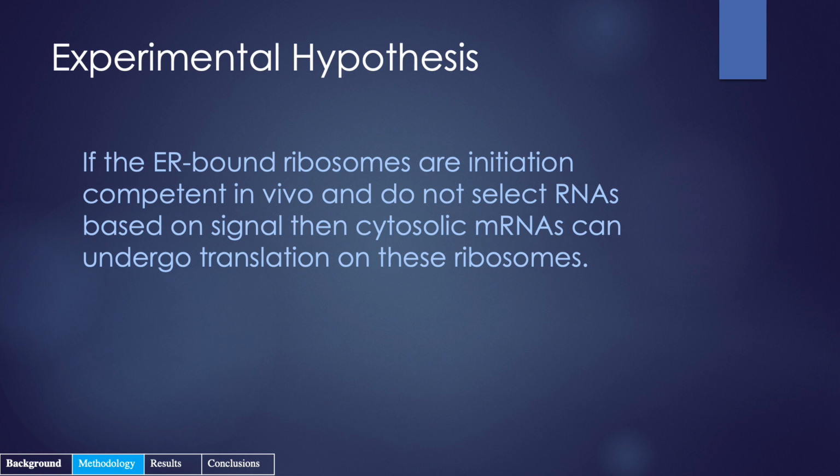So if they do not select for these signal peptide encoding mRNAs, then the cytosolic protein encoding mRNAs can undergo translation on the ER-bound ribosomes. So basically this research will determine if cytosolic protein mRNAs can be endoplasmic reticulum localized.